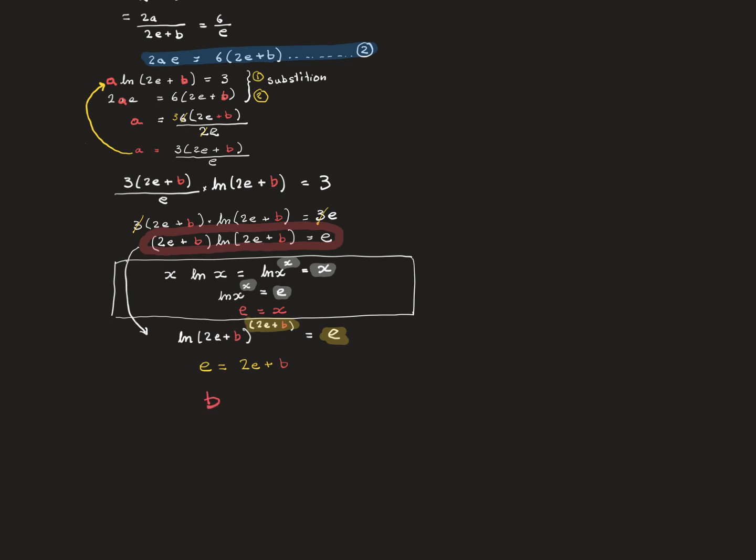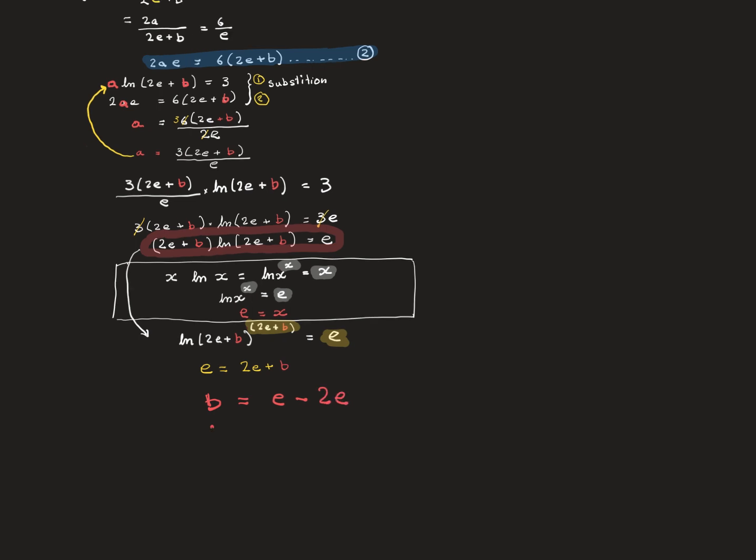So what is b? B is equal to e take away 2e. B is minus e. And e is a number, so we found b.